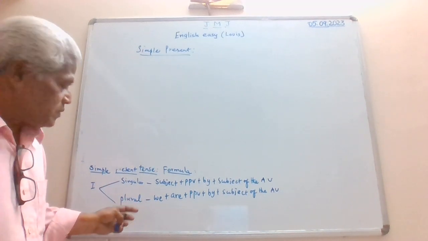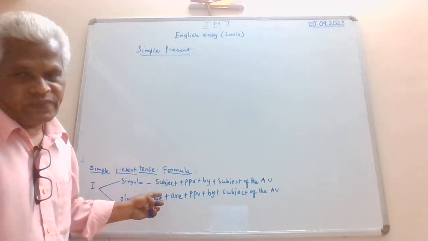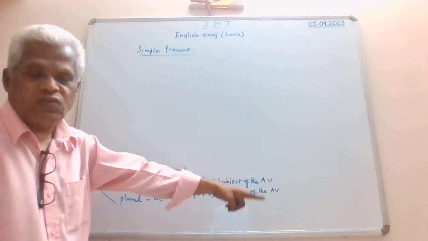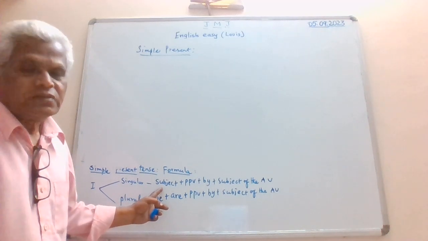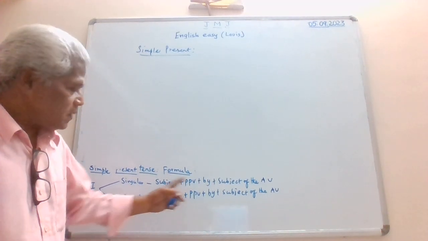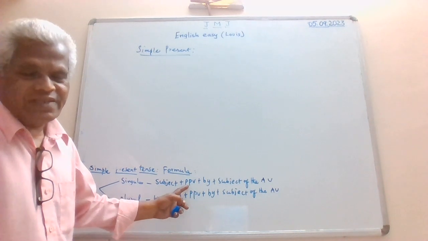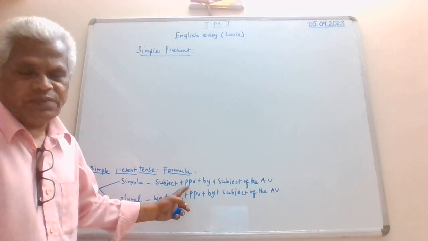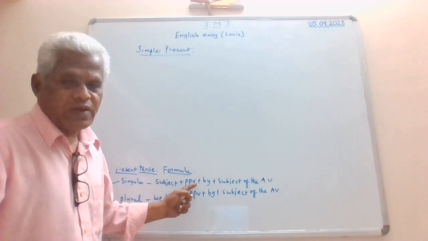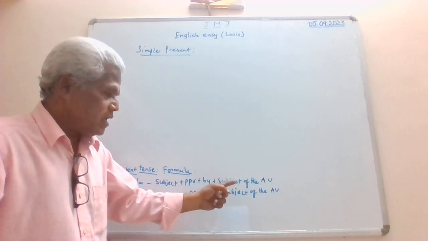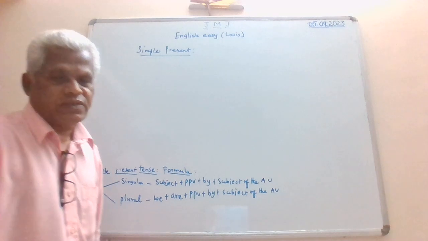What is our subject? First person. It could be I. But when it is changed to passive voice, I have generally written it as subject, then the verb, then PPV, which stands for past participle form of the main verb, by, and then the subject of the active voice.